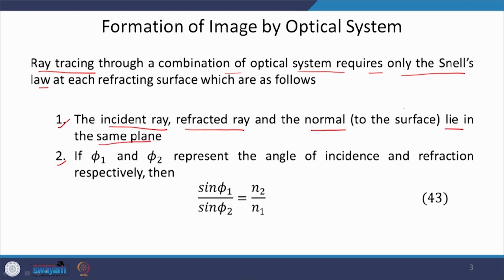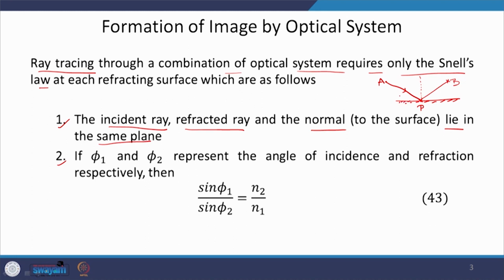As we discussed, suppose this is our mirror, and our ray starts from a certain point A, travels to the mirror and falls at a certain point P. After point P, it reflects back to point B. Now we draw a perpendicular at point P on the mirror.